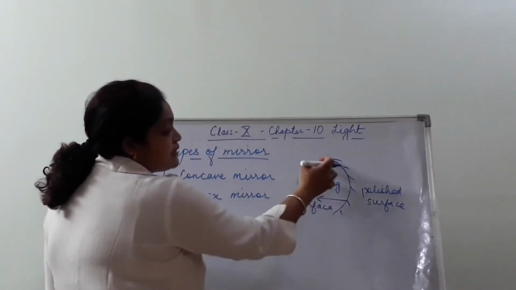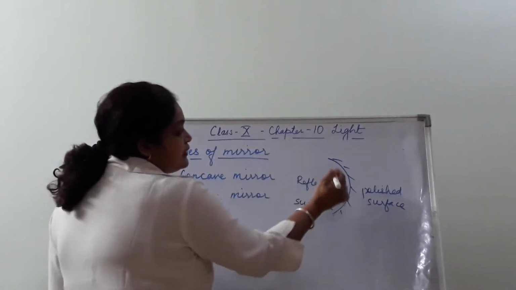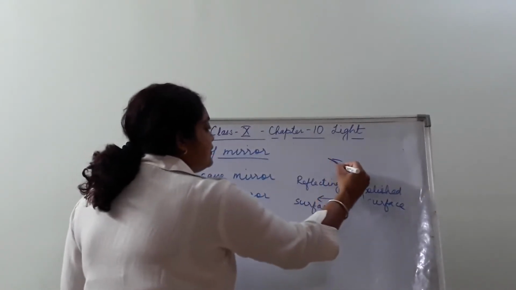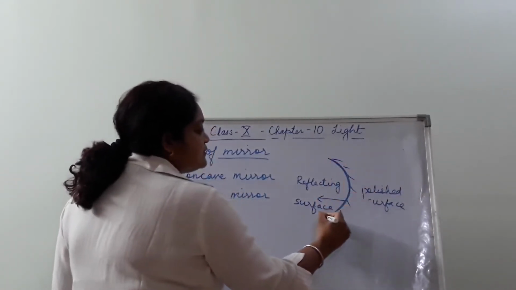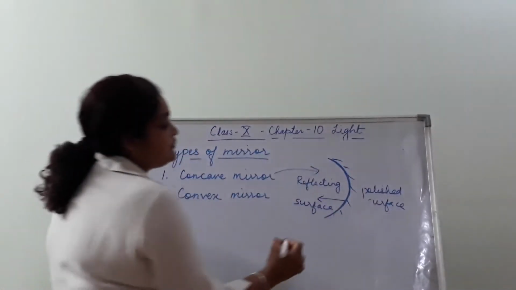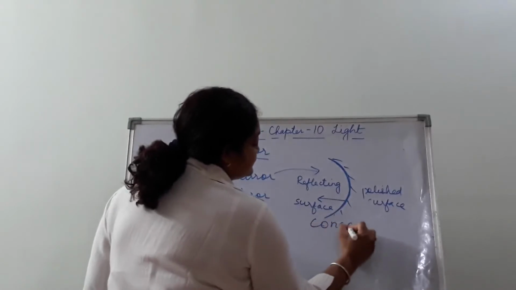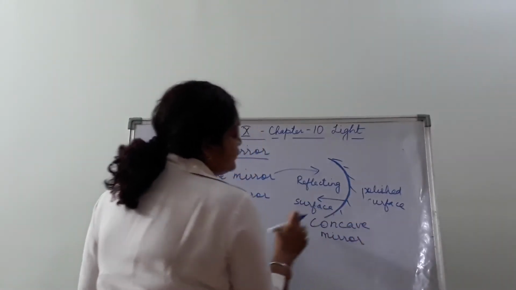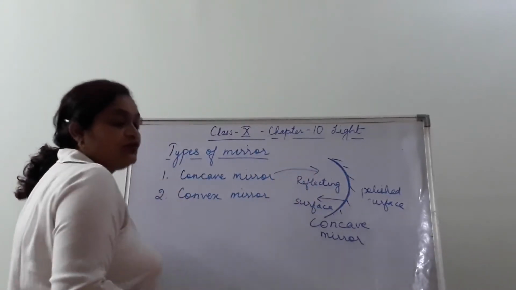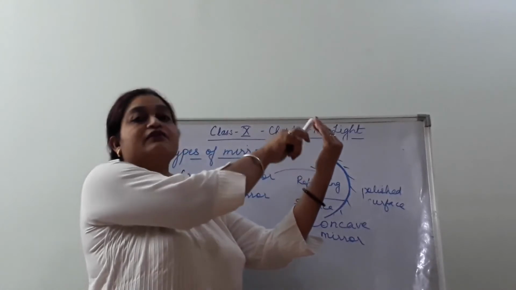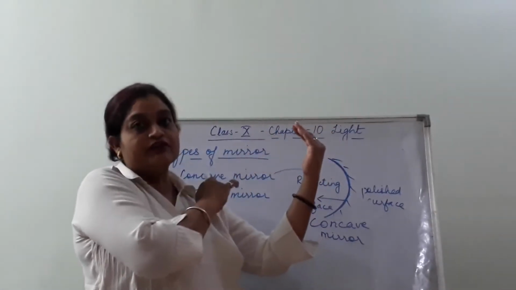This type of mirror has a cave-like structure. So this is a concave mirror. The reflecting surface is curved inwards. So this is a concave mirror.